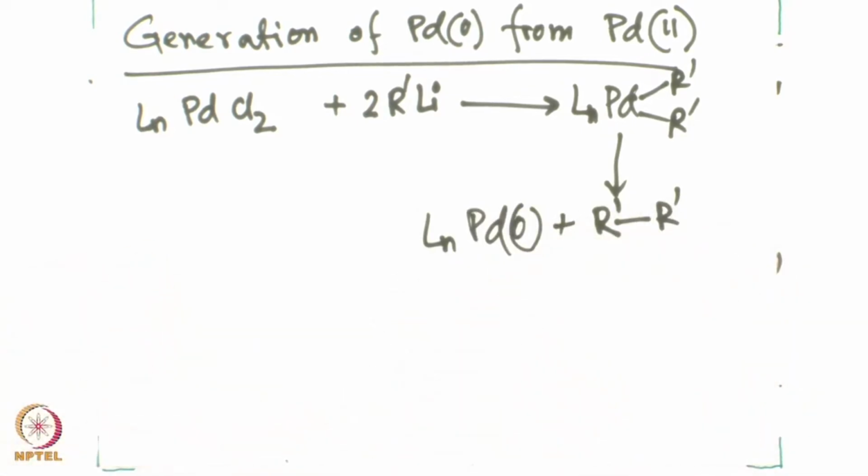So, what you have seen right now is that palladium 2 as a starting material is converted to palladium 0 in the presence of a sacrificial organolithium reagent. Of the organolithium reagent you are going to use for your Kumada coupling, some part will be utilized for palladium 0 formation.